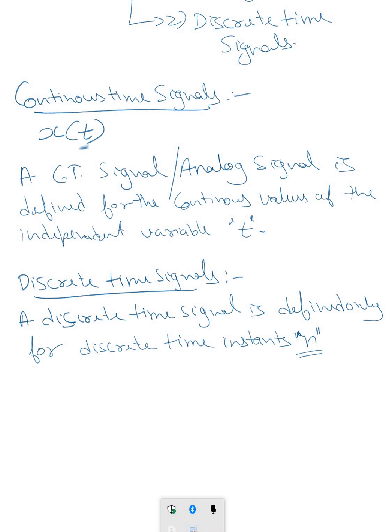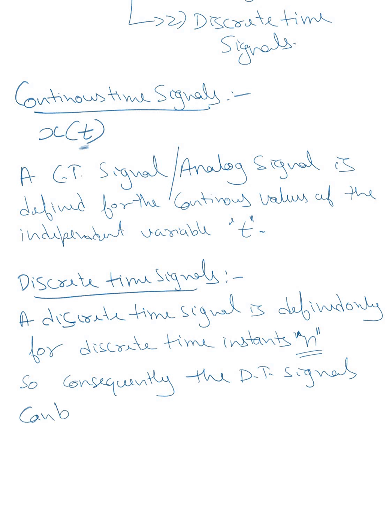So consequently, the discrete time signal can be denoted as x of n.